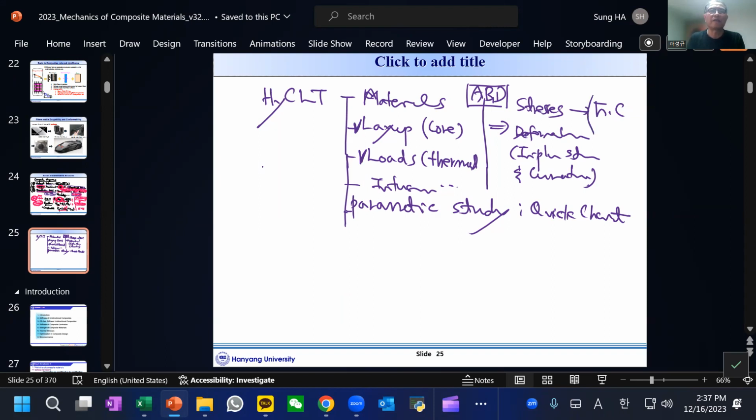Not just the failure criterion, but maximum stress or maximum strain can also be considered as one of the failure criteria. Okay, and of course you can choose the material layouts, the material property, carbon, the thickness, etc.